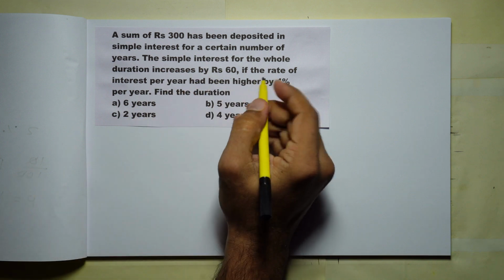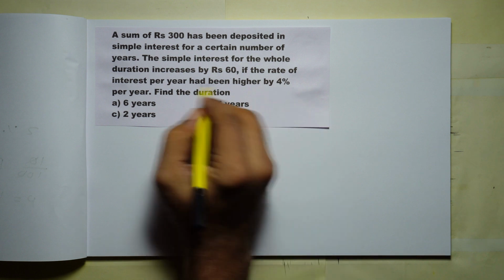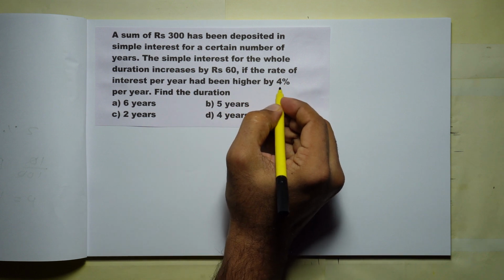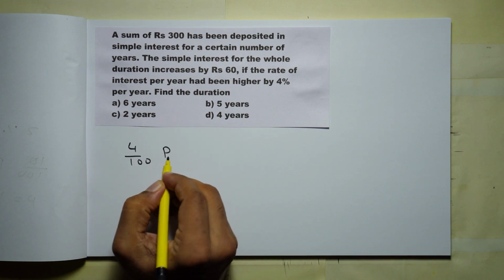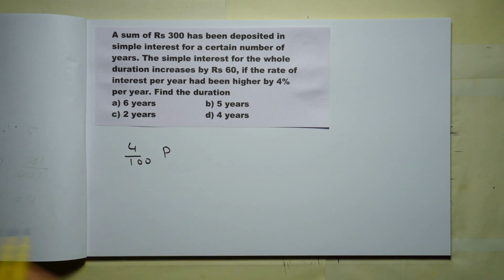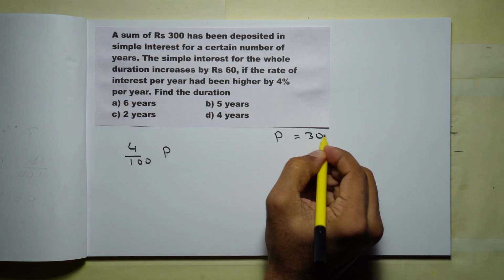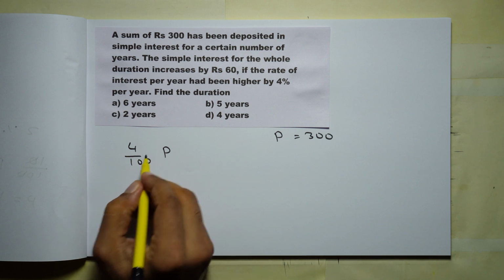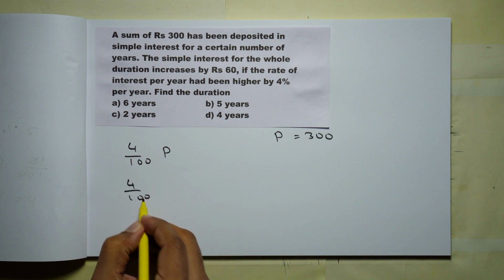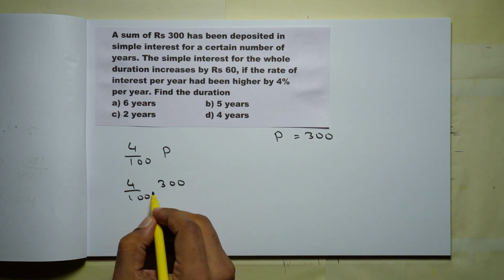Now, if the rate of interest is higher by 4%, extra that you will be getting every year is 4% of the principal. And the principal that has been deposited is rupees 300. So every year you will get 4% of 300 extra.